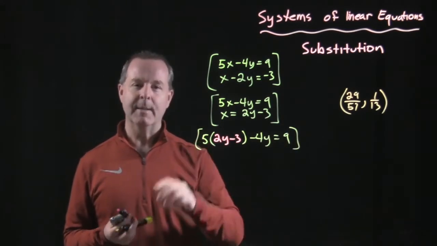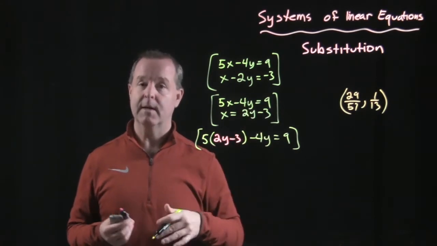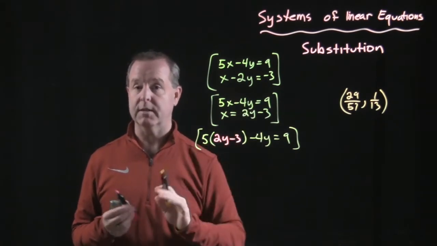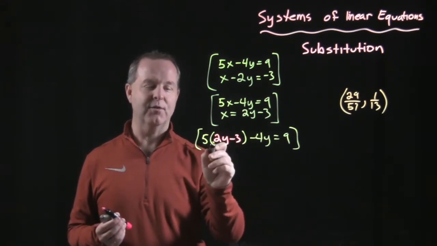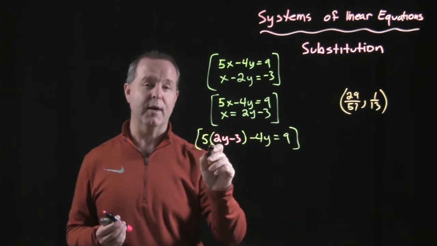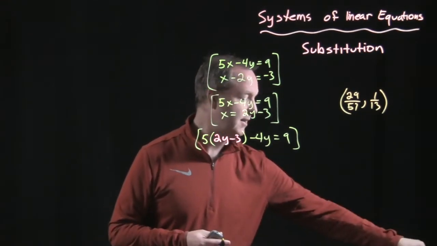I want you to notice what happened when I did that. I reduced my 2 by 2 system into a 1 by 1 system, meaning originally I had 2 equations and 2 unknowns, which means it can be solvable. I reduced that down to 1 equation with 1 unknown, which again means it can be solvable. So let's work that out.